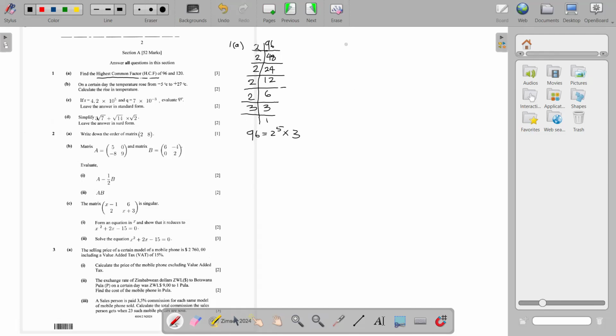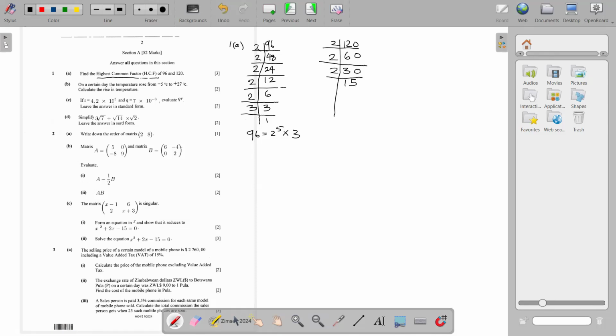Then we do the same for 120. The smallest number that enters into 120 without leaving a remainder is 2. 2 into 12 is 6, then 60. 2 enters how many times into 60? 30. Then we still have 2. 2 enters how many times into 30? 15.